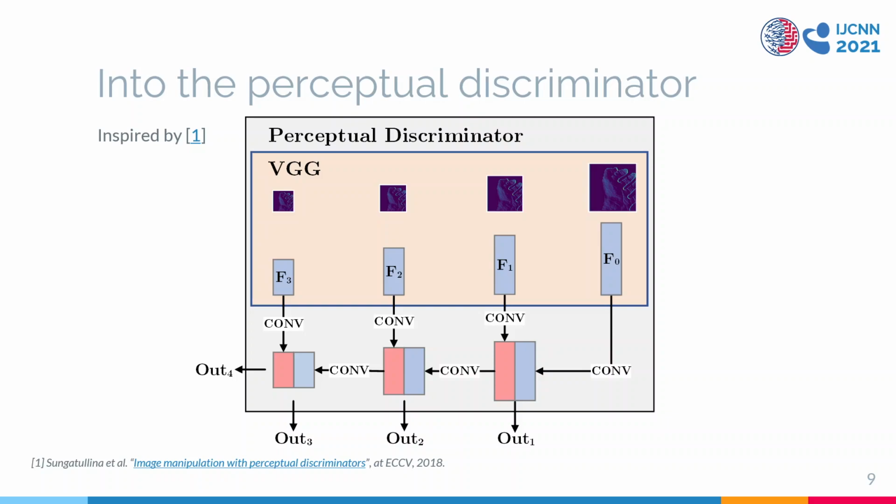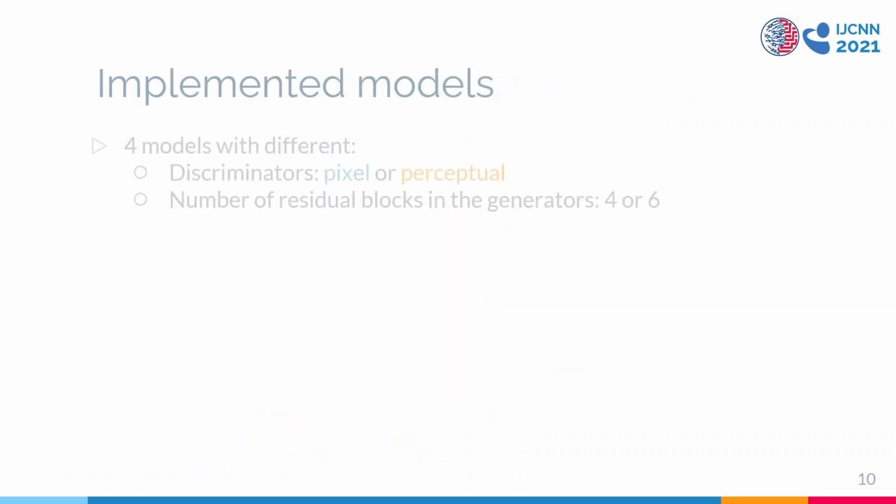This makes the model learn statistics at different levels of abstraction. In other words, we enforce the interdomain mapping of both low-level and high-level features. This is why H-GAN not only performs simple cross-domain tone mapping, but also addresses structural differences. We'll see more about this later. We implemented 4 models with different discriminators and a number of residual blocks in the generators.